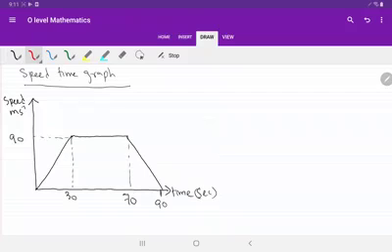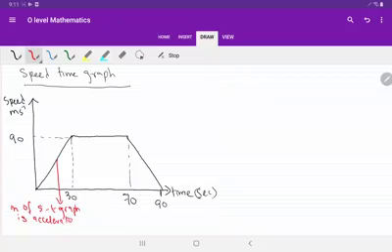Once again, we should realize that the gradient of speed time graph is acceleration. This horizontal straight line represents that the particle is traveling with a constant speed.